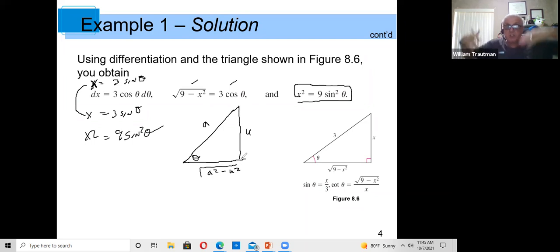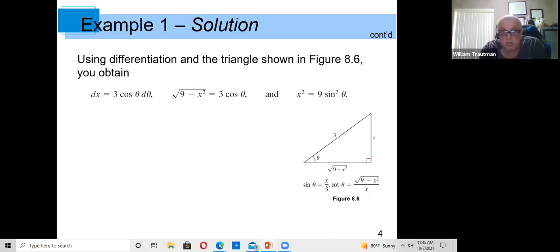If we go back to that first rule, this is the triangle they gave us. Once again, the a is 3, the u equals the x, and then we have 3 squared, which is 9, minus x squared down here. So they're using the triangle also. Now I just wanted to show you how we're putting all this together.